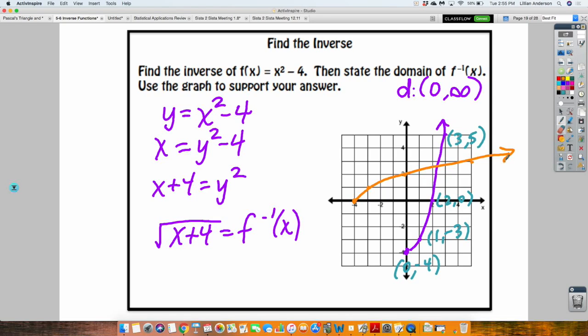And so then the domain of the orange is going to be what? So I could write it in set notation with all the goods. How would I write that in interval notation? Do you guys notice something about that domain?